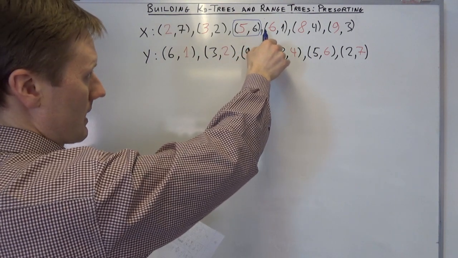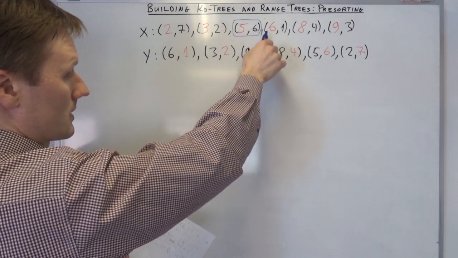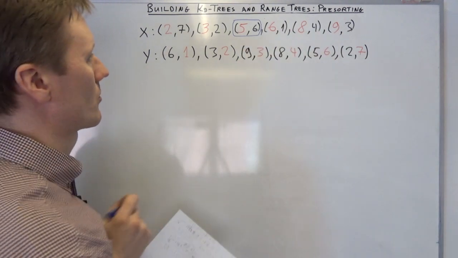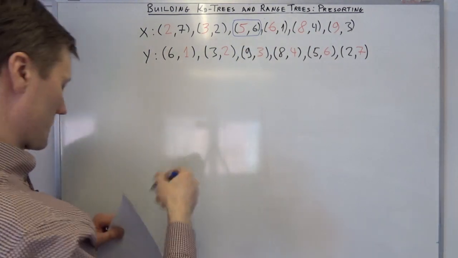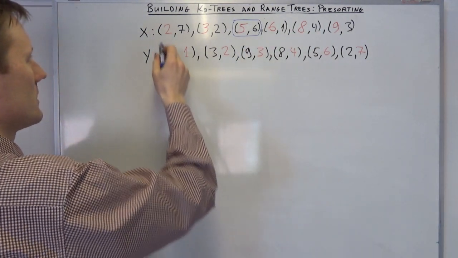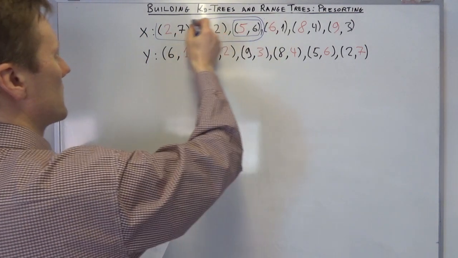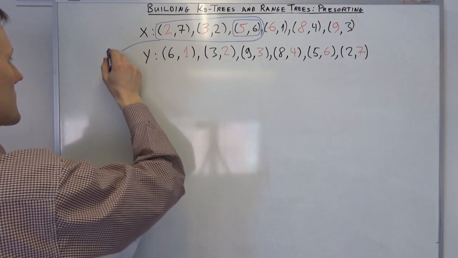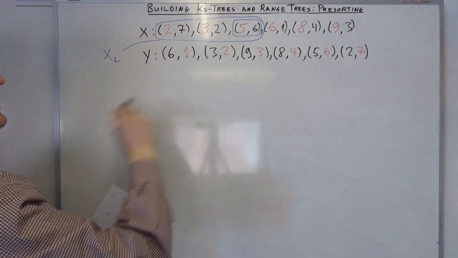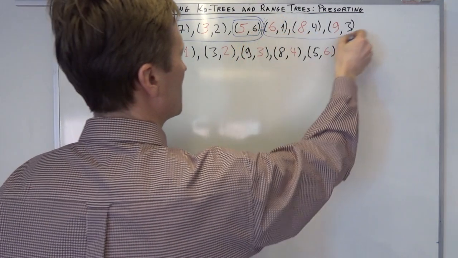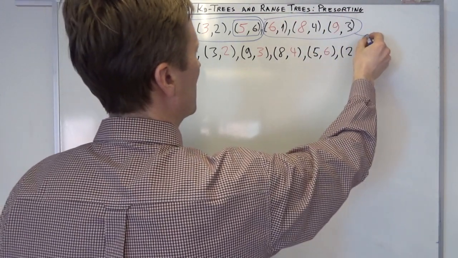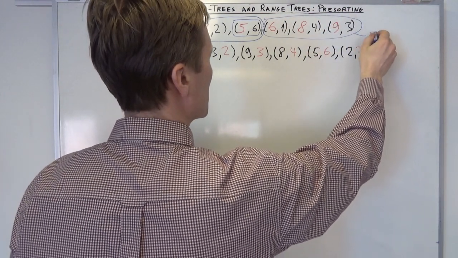Everything that has x coordinate larger than 5 belongs to the right subproblem. So then obviously we immediately have XL, right? And we have XR.